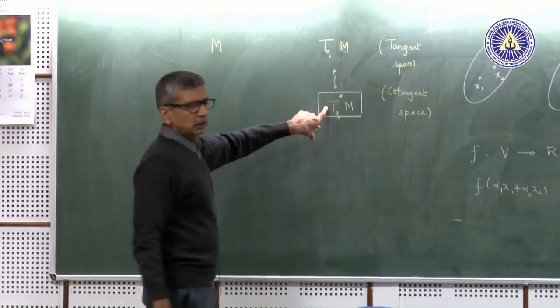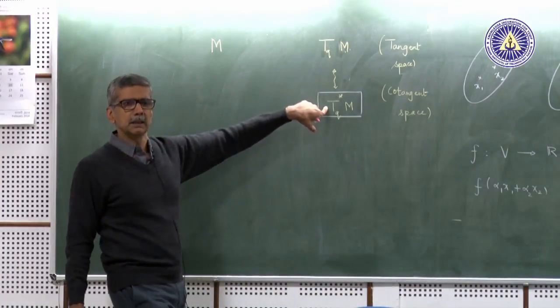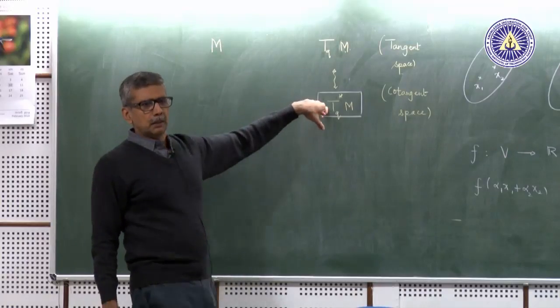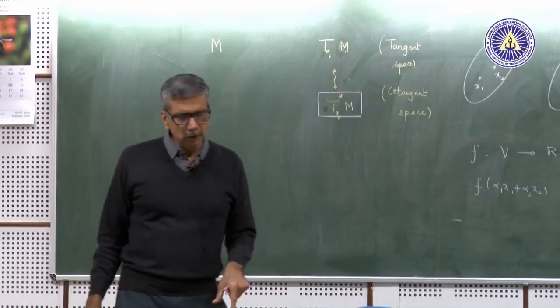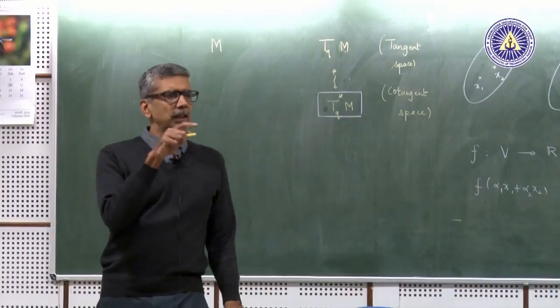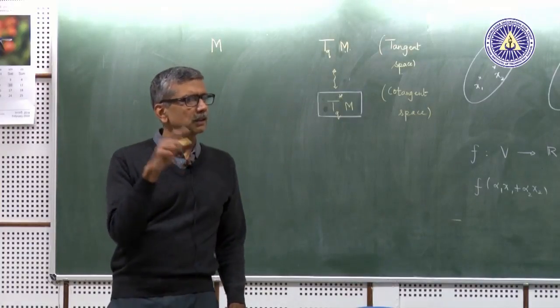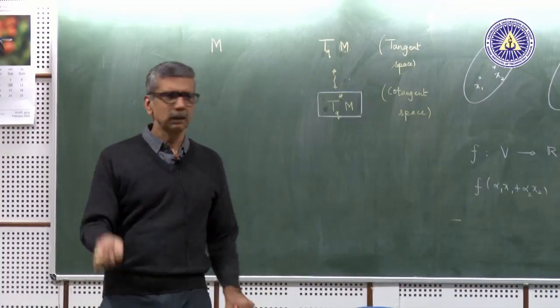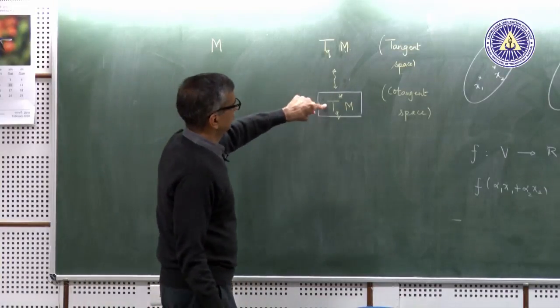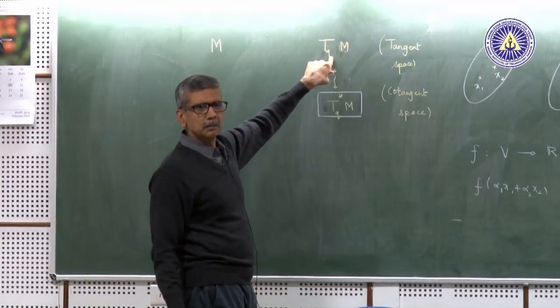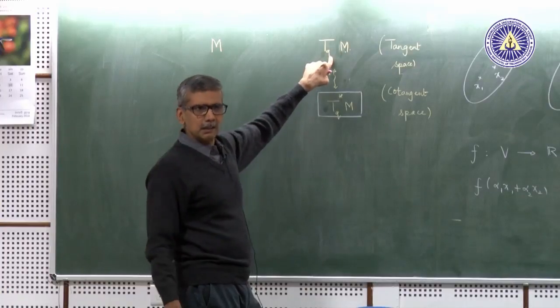Because all the forces sit in this space. In a mechanical system, what are the variables you are usually interested in? Configuration, velocity, acceleration, forces or torques, right? So forces and torques sit here, velocities sit here. We will describe where accelerations sit.